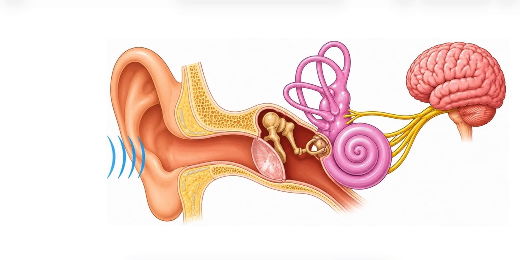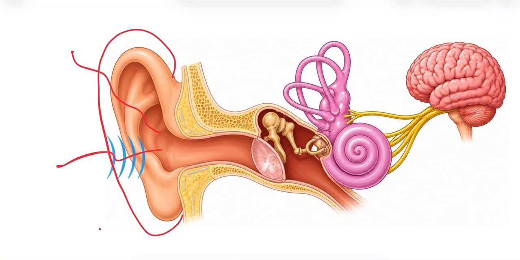Now, the hearing process starts with the pinna, which traps and directs the sound waves into the auditory canal. In the auditory canal, the sound waves are transmitted towards the tympanic membrane, which then starts vibrating and producing vibrations.